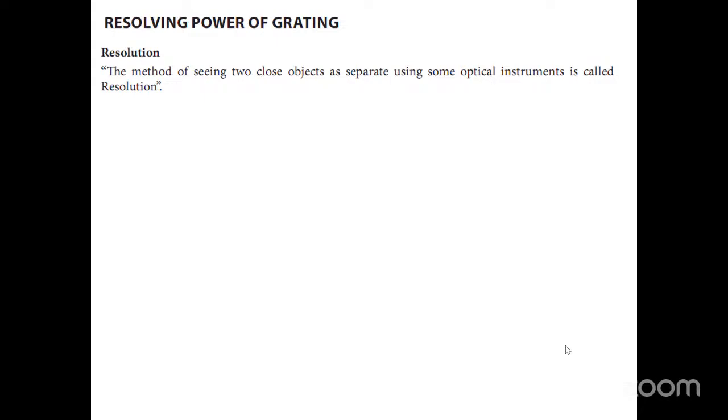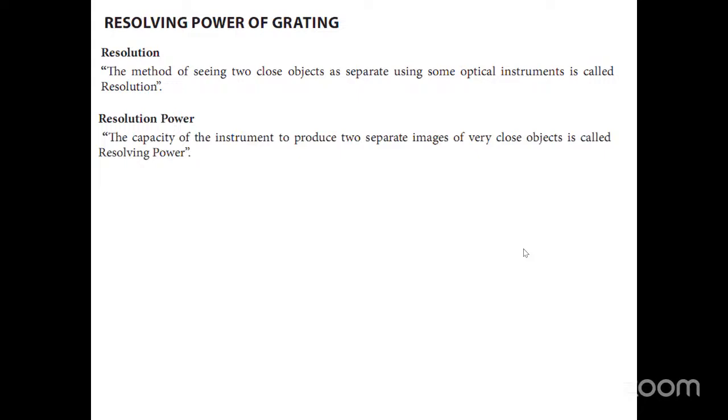So you can find out the resolving power: the ability or capacity of the instrument to produce two separate images of very close objects is called resolving power.